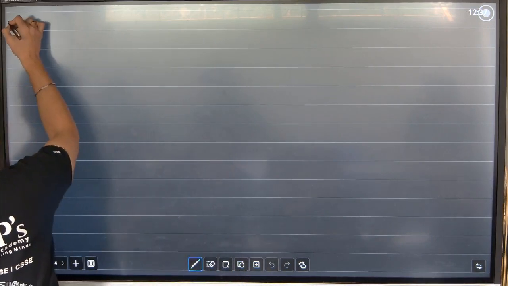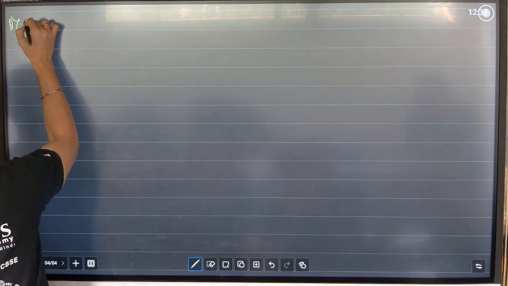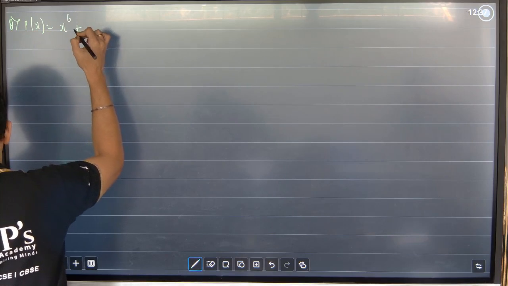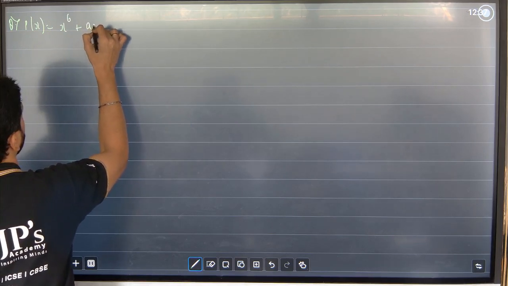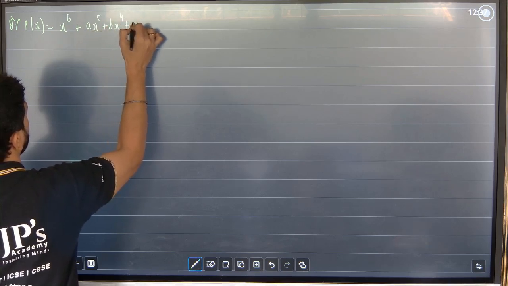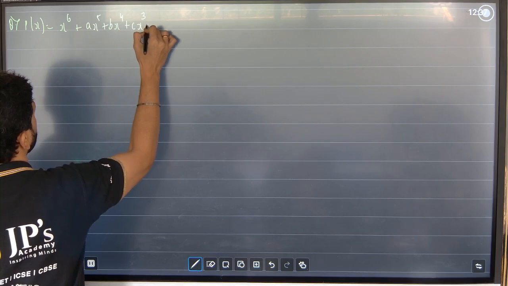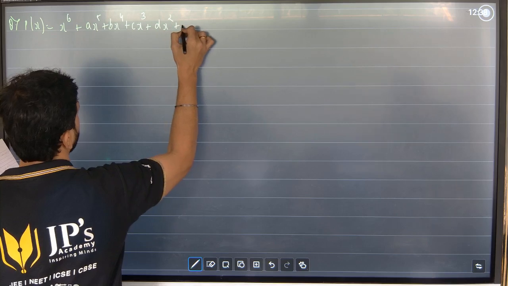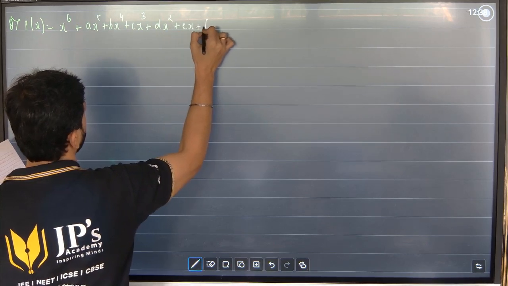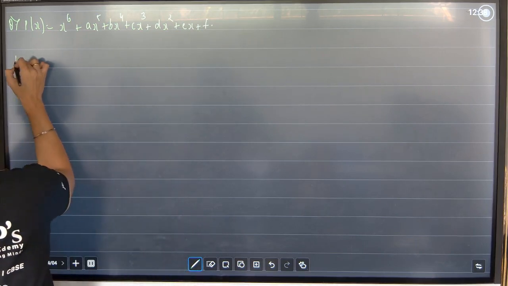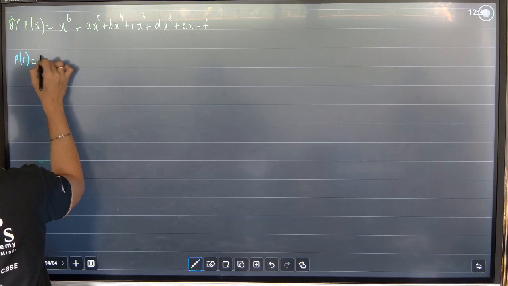P of x is equal to x raised to 6 plus a x raised to 5 plus b x raised to 4 plus c x cube plus d x square plus e x plus f. P of 1 is equal to 2.